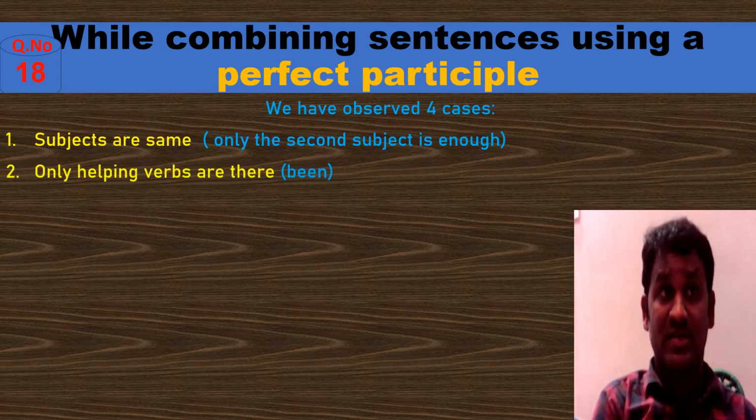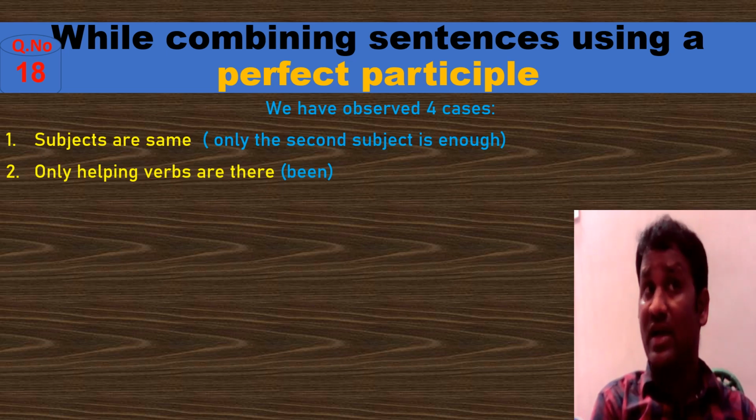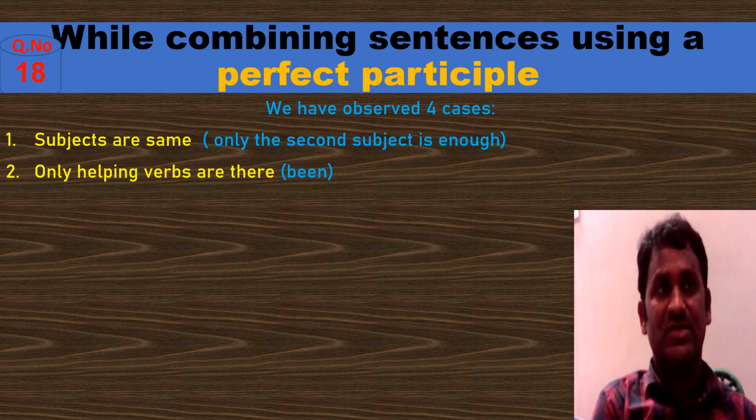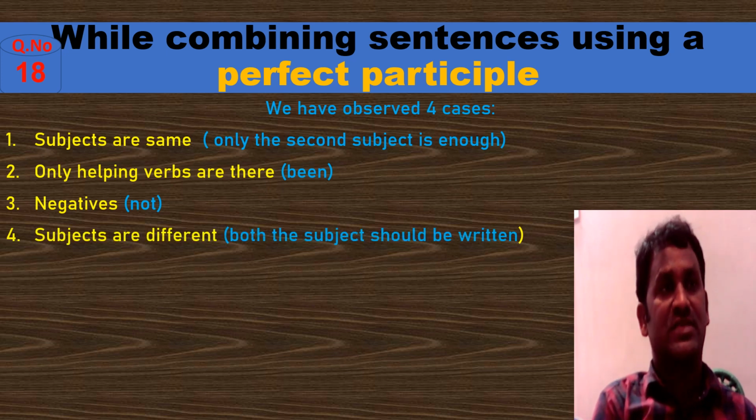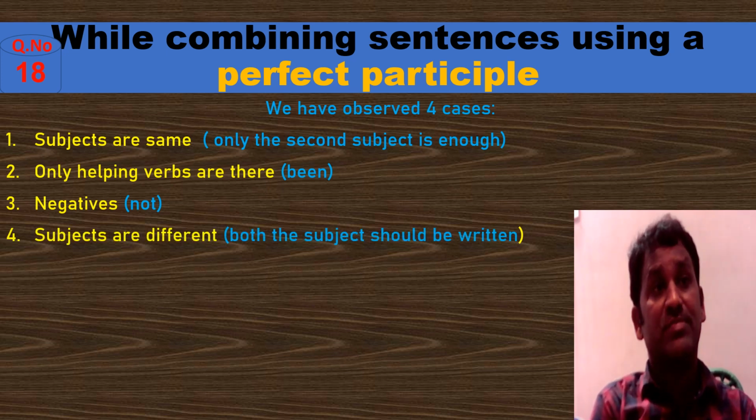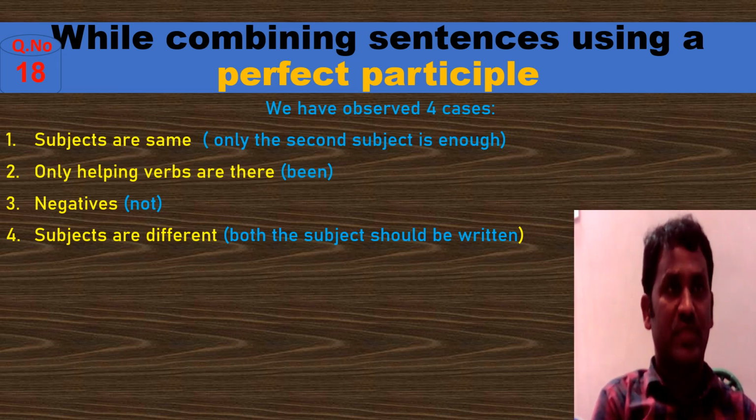If only helping verbs are there, there we use being, here we use been. Remember, there being, here been. When only a helping verb comes, without a main verb, that is is, am, are or was, were, then there we use being and here we use been. The third one, negative, not. If there is a negative, we keep it at the beginning of the sentence. The fourth one, the subjects are different, both the subjects should be written. So these are the 4 conclusions that we have made, right?